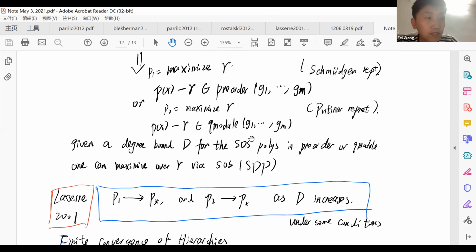It's called truncated because we bound the degree of the sum of squares terms.